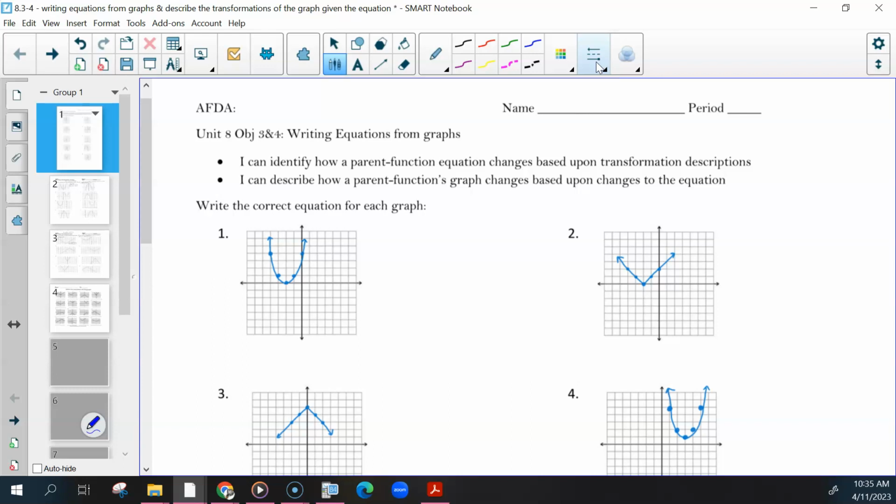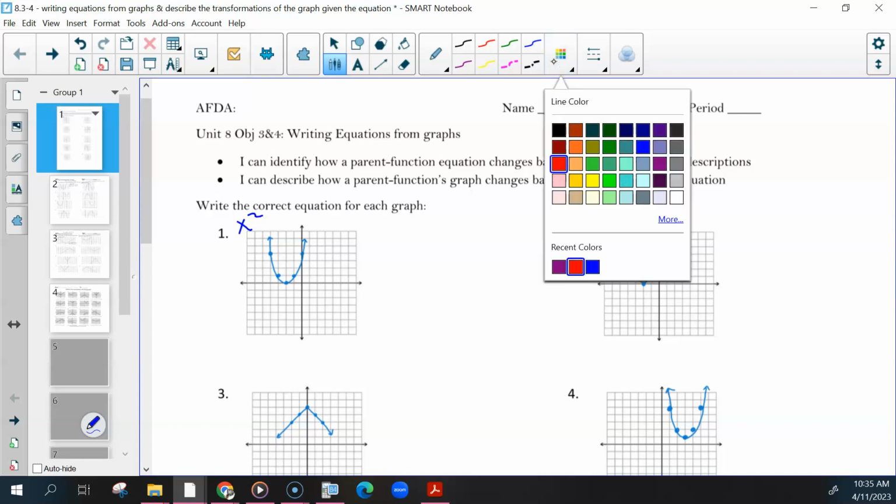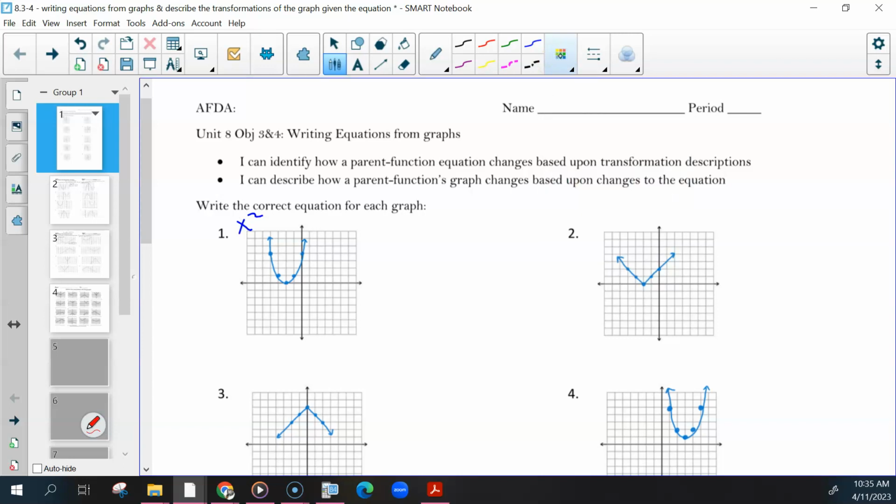So we're given some function, and we have to figure out what happened compared to the original. One, we have to remember what type of function this is. It's a U shape, so that's your x squared, your quadratic. And our original parent function started at the origin (0, 0).